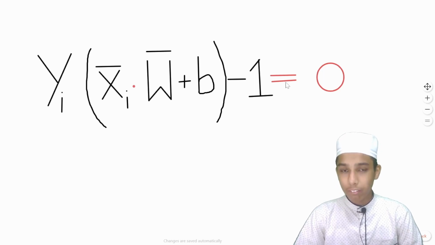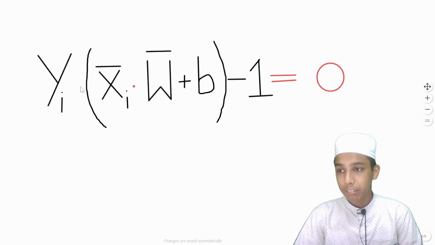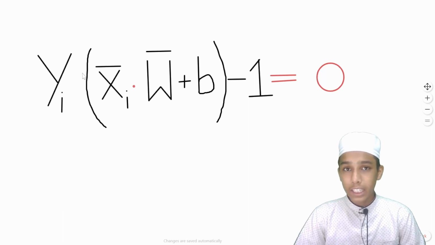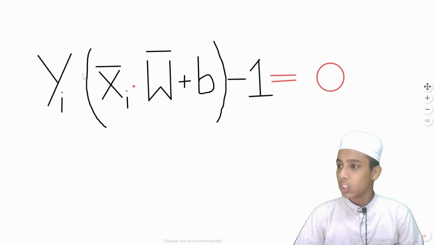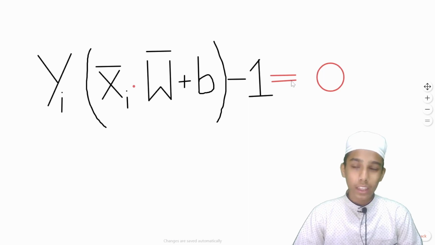If you remember, in the last video we had two equations, where if the value of y sub i is -1, then the equation is going to be equal to -1. So we have to multiply this y sub i with the whole thing on both sides, right? At that time the value of y sub i is -1, so we multiplied minus into minus and got +1 here, and the same for the plus class.